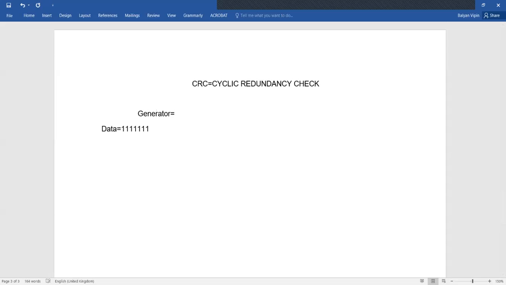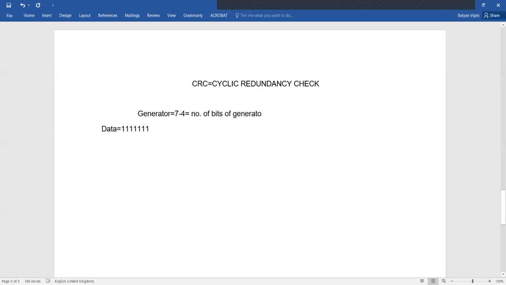We want to send 7 bits of data and are appending 3 bits, so 7 minus 3 gives the number of bits in your generator matrix, or generator.